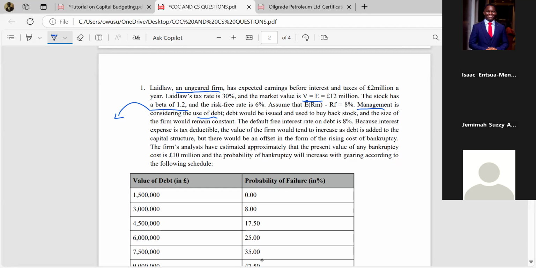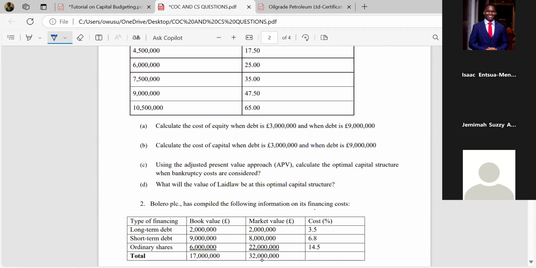So we are now thinking of introducing debt. If we introduce debt, then our risk to equity holders will change. And that is where you have to now go and calculate a geared beta. So calculate cost of equity when debt is 3 million and when debt is 9 million.